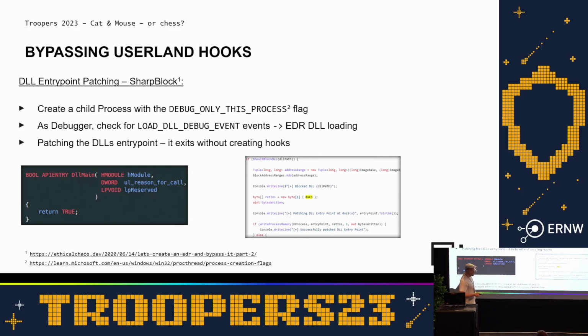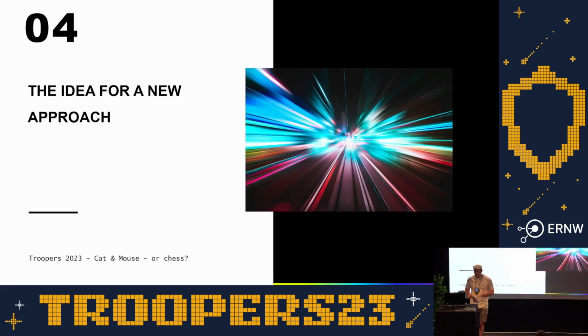If the EDR DLL wants to place its hooks, or wants to execute some code, for example to place the hooks, then instead of doing that, it would just return true and exit, and then the DLL is not in the process anymore. So it does not prevent the DLL from loading, but instead the DLL is patched in memory, returns true, just exits, and is not in the process. There are now no userland hooks, and for this reason you have a new process with no EDR DLL anymore which can do analysis.